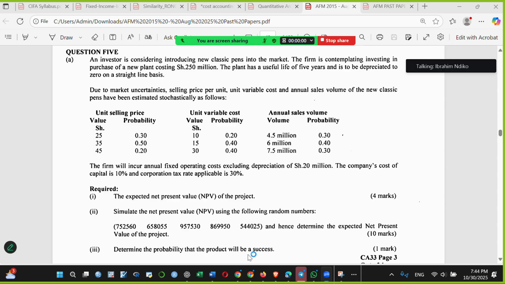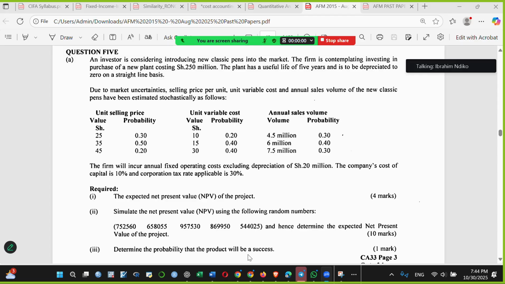So those are the runs. You can also use the word trials. Let me change this one to trials. So ukitaka kujua number of trials, unaangalia hizo random numbers.